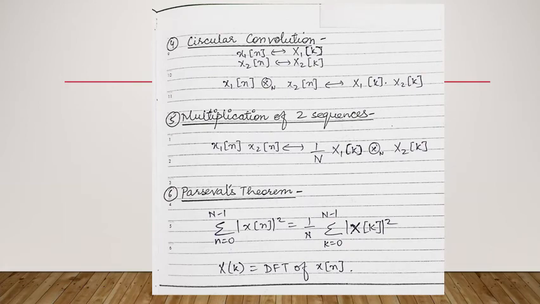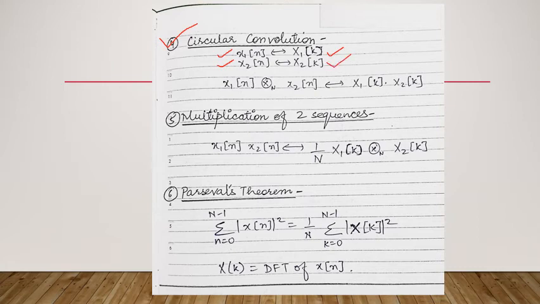Next, we come to the fourth property of DFT, that is the circular convolution. Let us say we have two signals, one is x1 of n and the second one is x2 of n. I have the DFT of x1 of n as capital X1 of k and DFT of x2 of n as capital X2 of k.